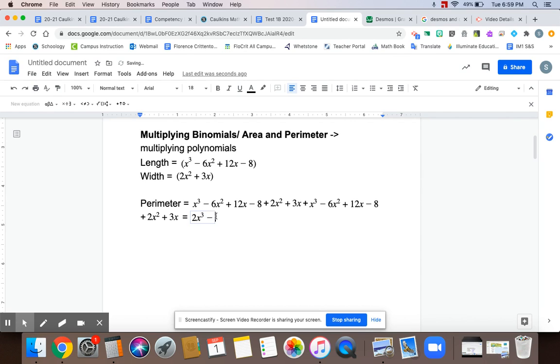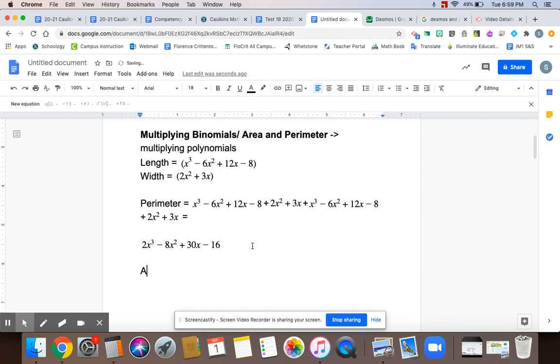It's going to be negative 8x squared. And if I did just my x's, here's 12 plus 3 is 15, plus 12 plus 3 more is a total of 30x's. And then my just numbers, minus 8 minus 8 is negative 16. And then that would be my final answer for perimeter, this guy right here.